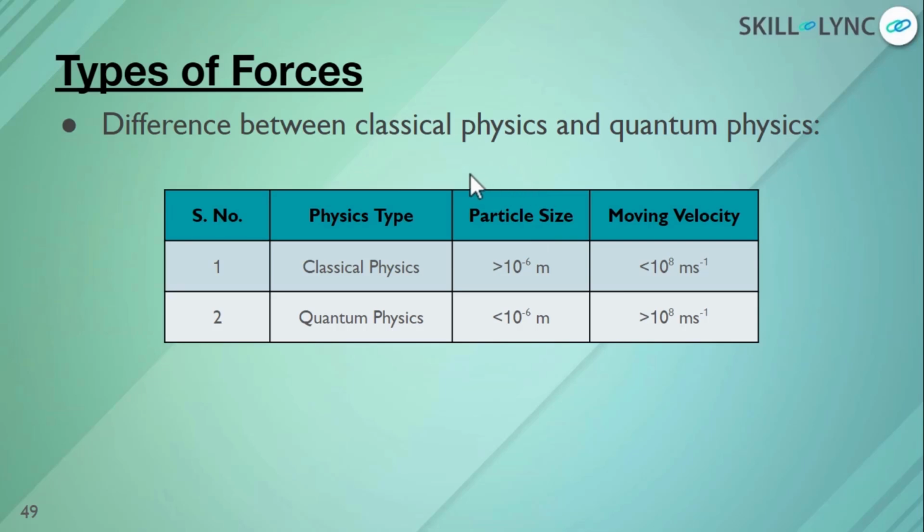We have already seen this table on the day 1 course, where I classified that when the particle size is greater than 10 power minus 6 meter and the particle is moving with less than the velocity of 10 power 8 meter per second, it comes under the category of classical physics.